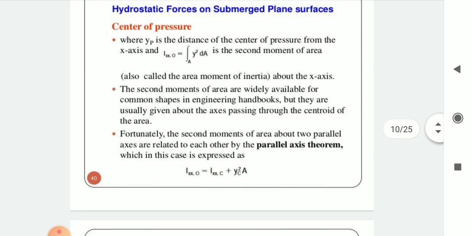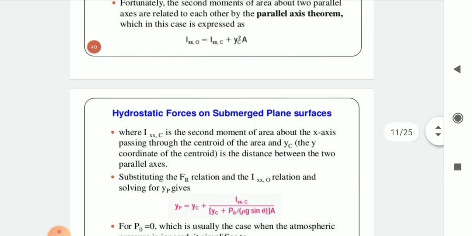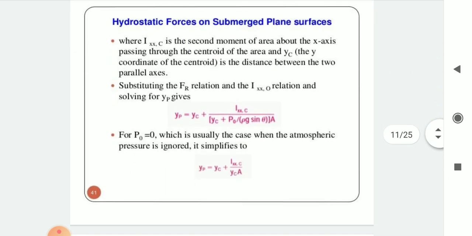is expressed as Ixx0 equal to Ixxc plus yc square A, where Ixxc is the second moment of area about the x-axis passing through the centroid of the area, and yc, the y coordinate of the centroid, is the distance between the two parallel axes.